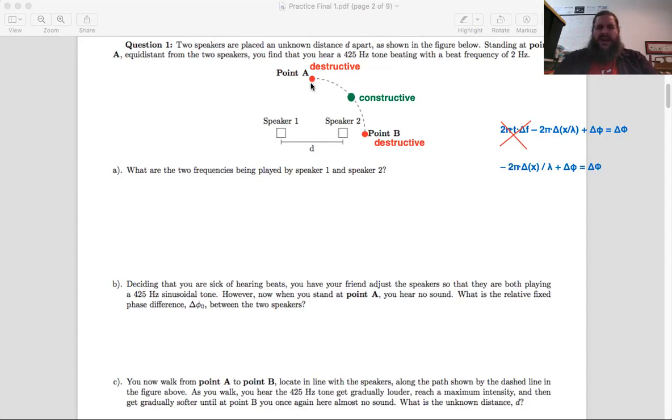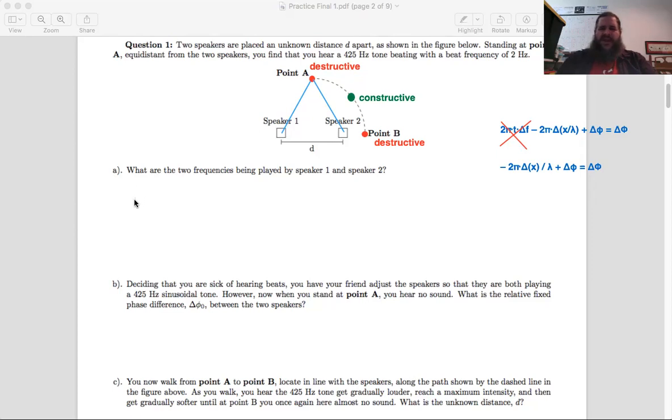However, at location A, what do we know about the difference in path length? If we compare the distance from speaker 1 to location A versus from speaker 2 to location A, what's the difference between those two distances? 0, because it's the same. Right.